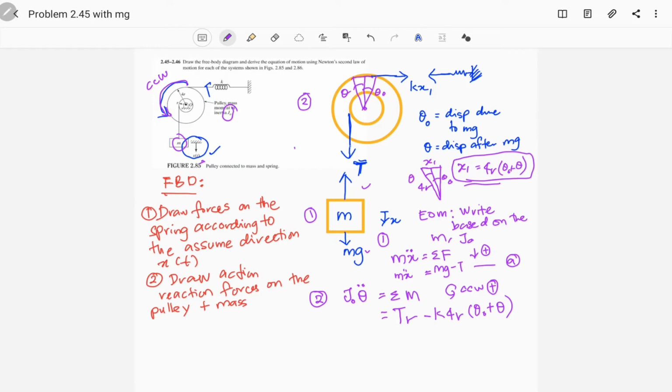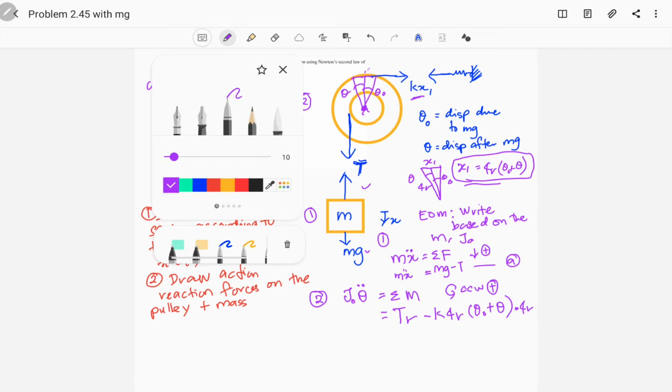Alright, so there are only two moments in this case. Don't forget, this one is actually forces. You have to times the perpendicular distance, which is actually 4r. So you have to times 4r.